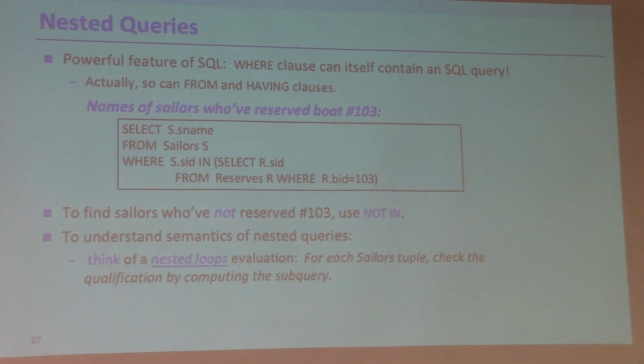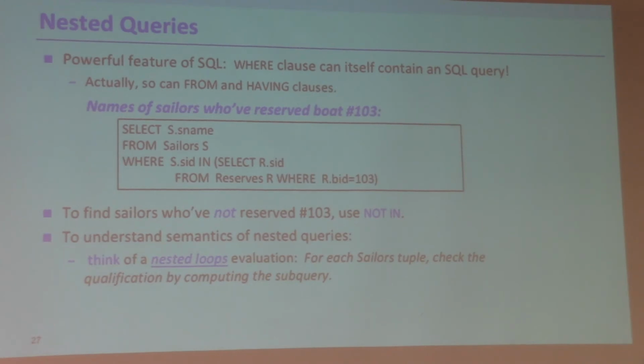I can just do NOT IN, and then it will be the sailors who have not reserved 103. If you think of the query for sailors who have reserved boat 103, that is very simple.